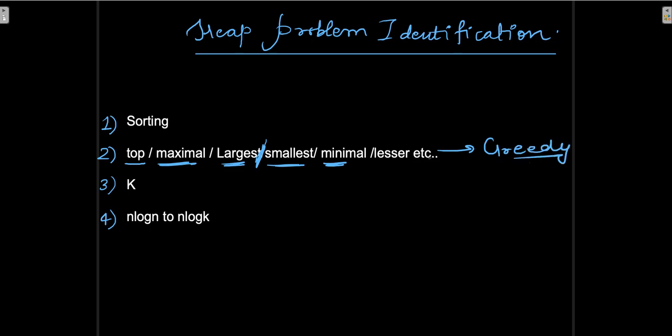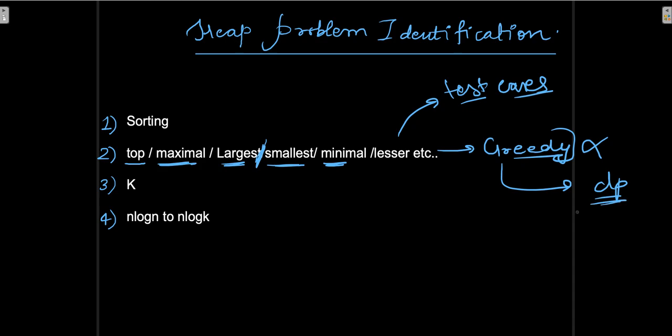Once you have some test cases, try to identify them. If you find test cases that cannot be solved using a greedy approach, then try the DP approach, because the problem might be solved using DP, but that may not be the most optimal way, and you could solve the same problem in a more optimized manner.